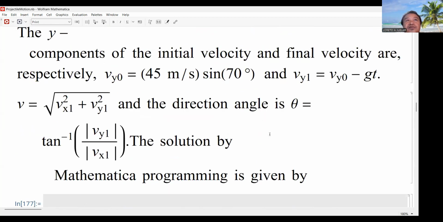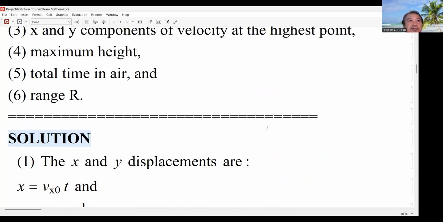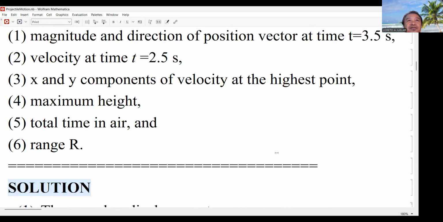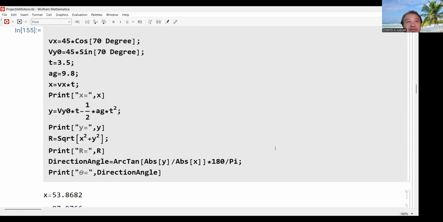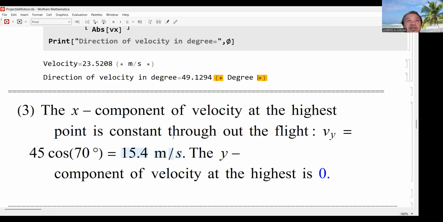Okay. So question number 3 is: what are the x and y components of velocity at the highest point? The x component of the velocity at the highest point is constant throughout the flight.